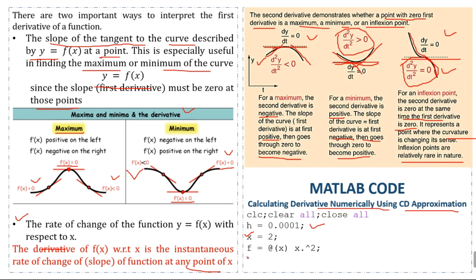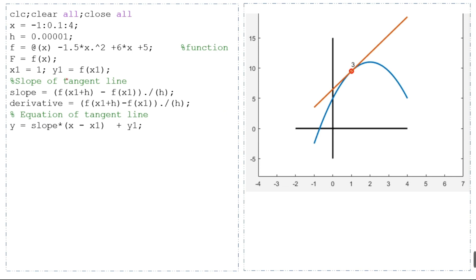This is our function, and this is the formula for calculating the derivative using central difference approximation with increment h, where we add h and subtract h for the central difference. Now we plot a tangent line to our given function, and we will see that the derivative is equal to the slope of the tangent line.